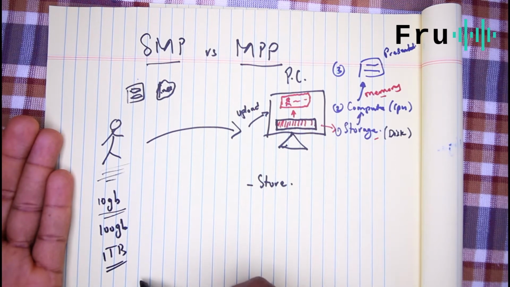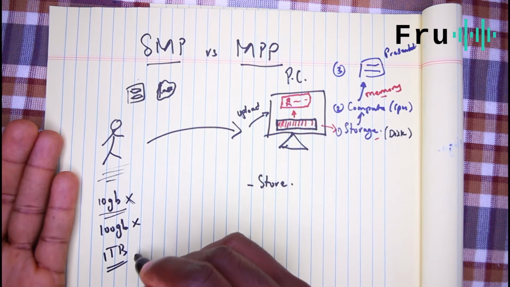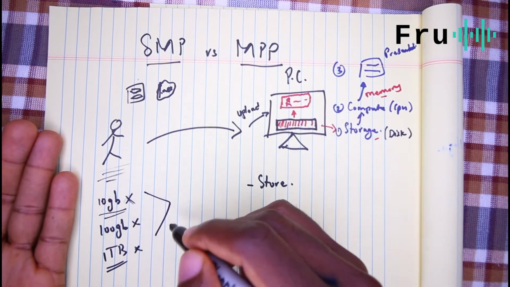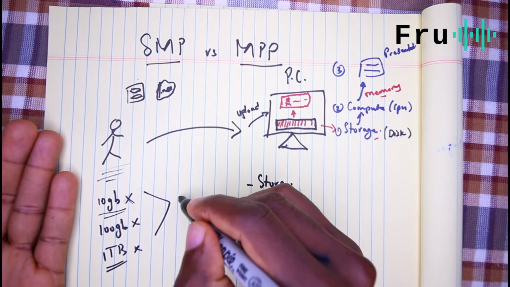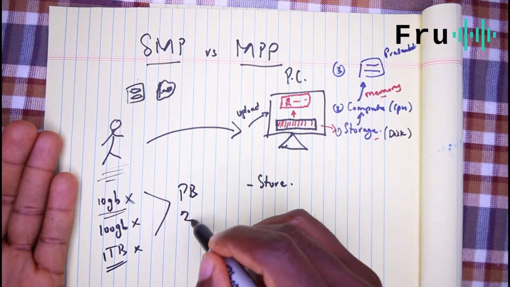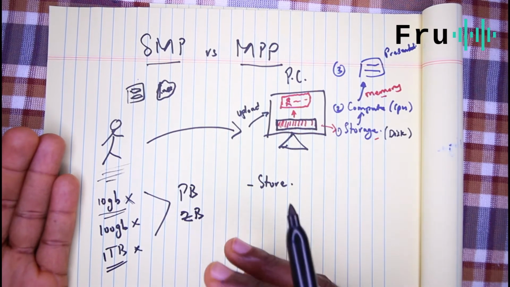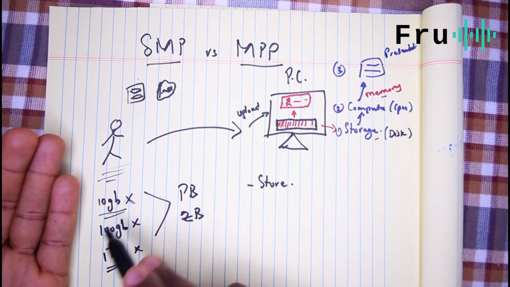Now, if you're talking about Facebook, they're not talking about gigabytes or terabytes here. These companies are talking about petabytes, PB, and even more, zettabytes or whatever the big terms are. They have way, way, way more data than you can even imagine.